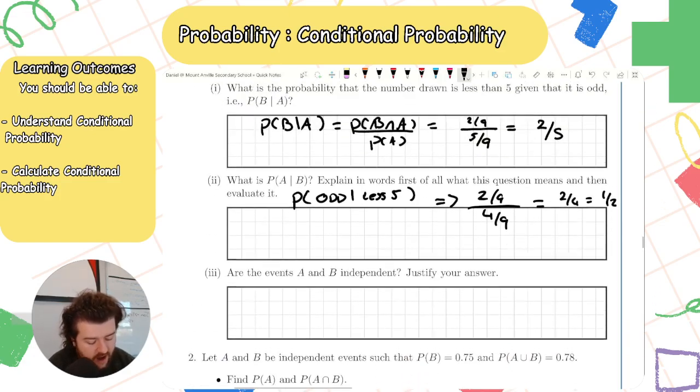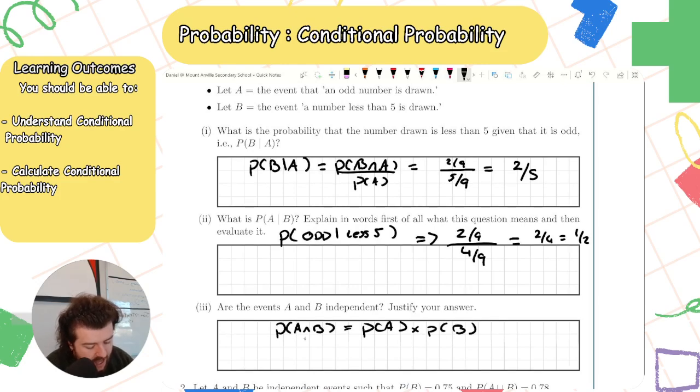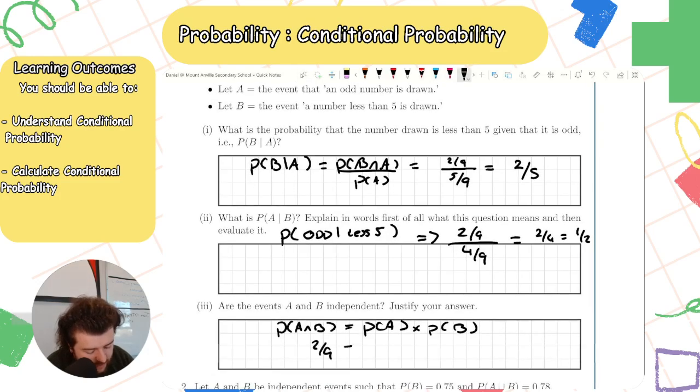Right. Are events A and B independent? Justify your answer. Let's see. So if they're independent, A intersection B should be equal to probability A times probability B. Well, A intersection B, we established as 2/9.